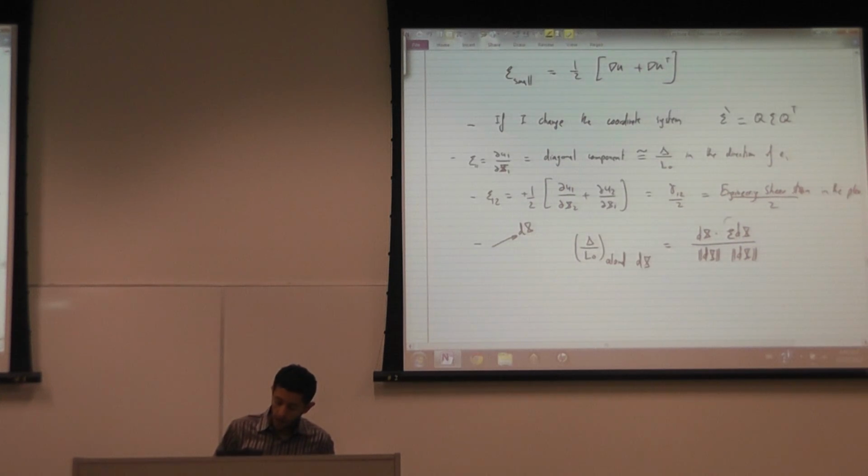So this is delta over L, but in the direction of the unit vector dx.